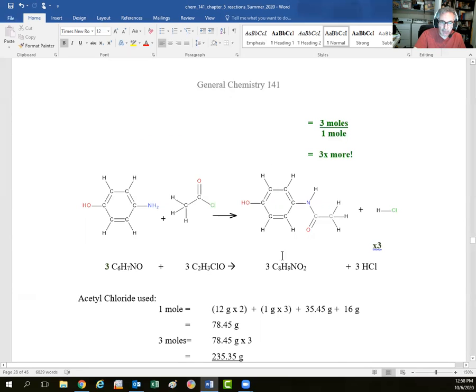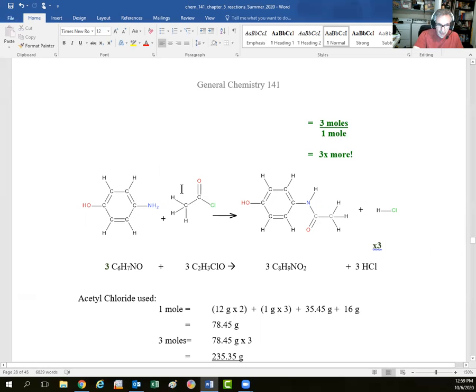And we'll produce 3 times as much of the product, the acetaminophen and the hydrogen chloride, which is produced as a side product. So instead of 1 to 1 to 1 to 1, 3 times more, we've got 3 to 3 to 3 to 3. The same ratios, relative proportions, will be there once you've scaled up or down your stoichiometric reaction.